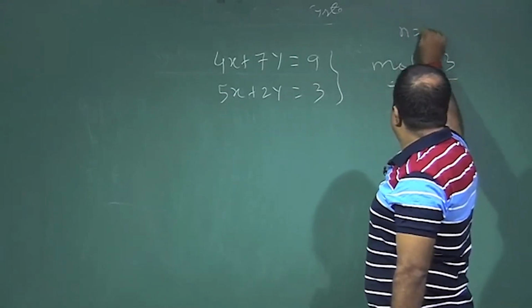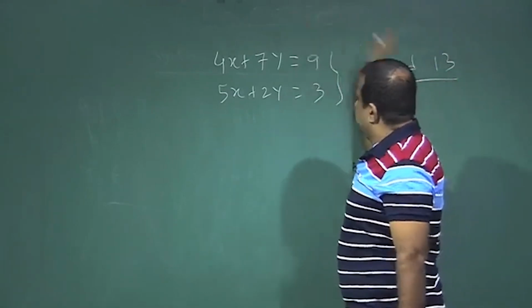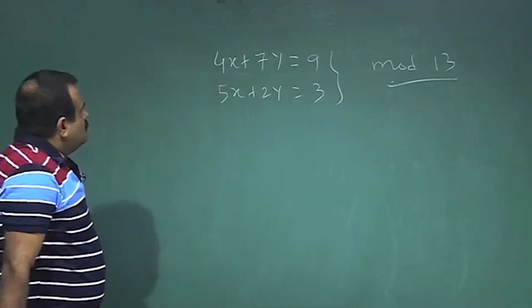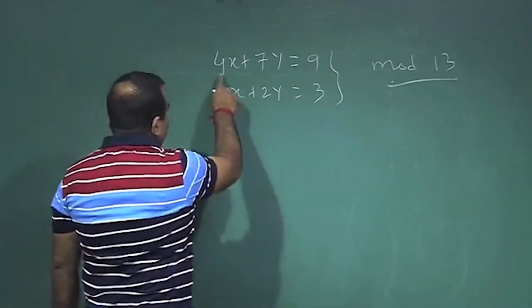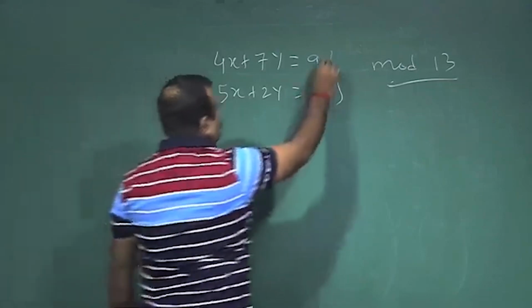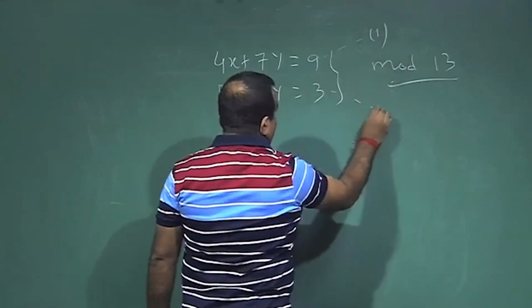So our n is 13. How can we solve this system? This is equation number 1, and equation number 2.